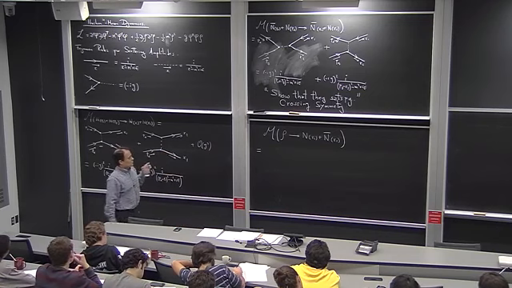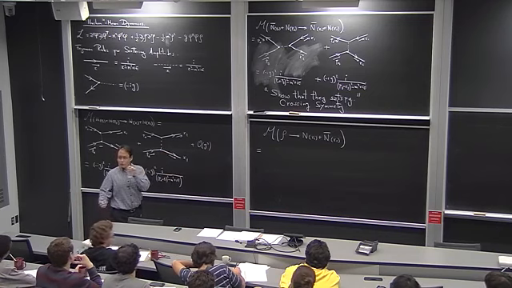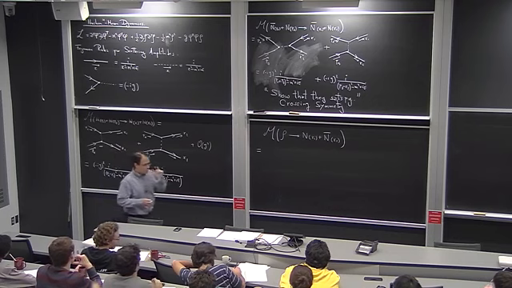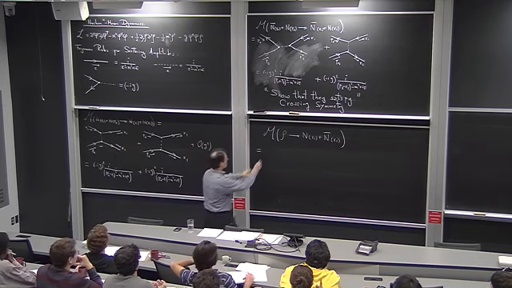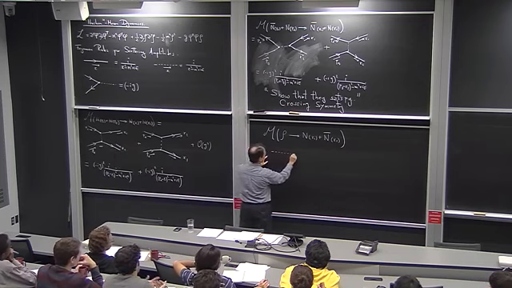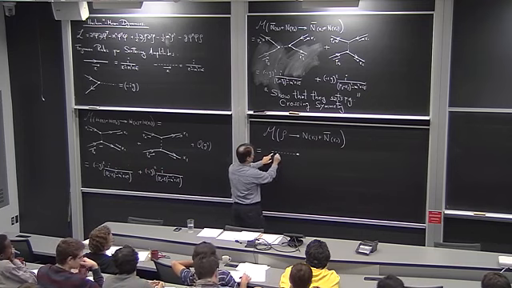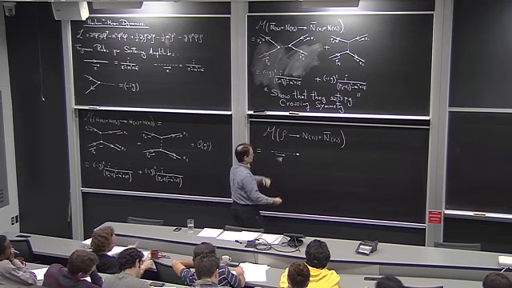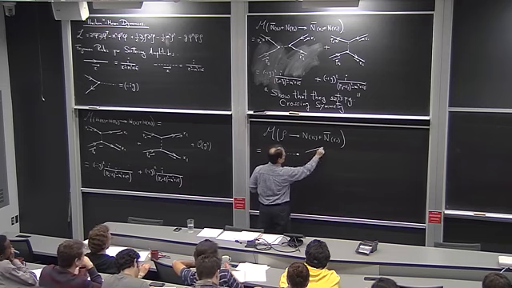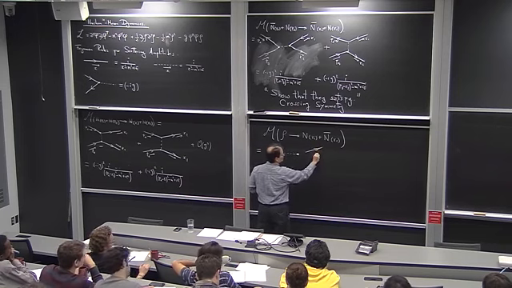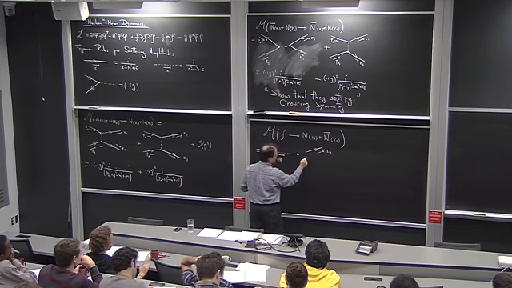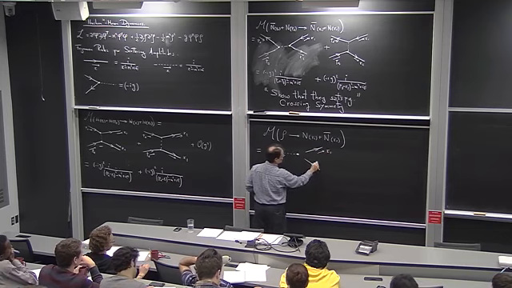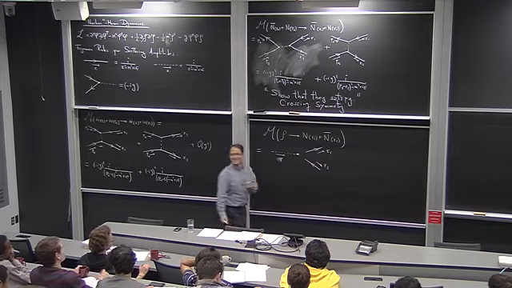So what are the Feynman diagrams that contribute to this, to leading order? Well, it's very easy. We have this guy with some momentum p, this guy going with some momentum k1, and this guy with some momentum k2.